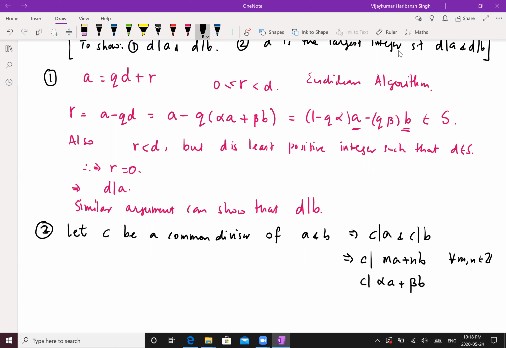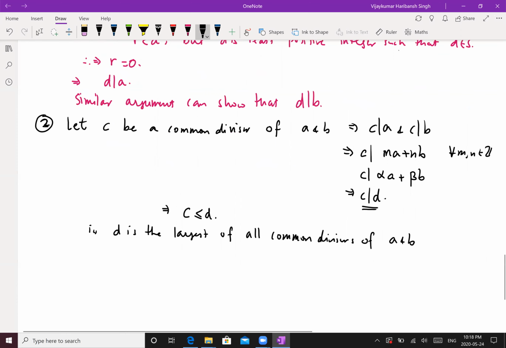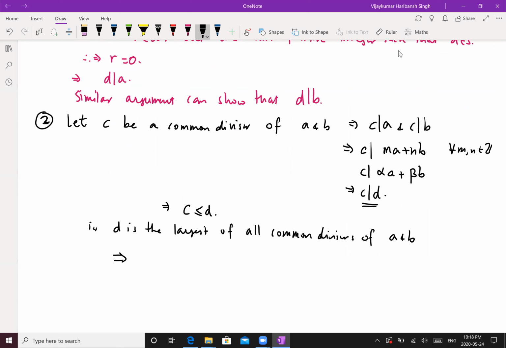This means c divides d. Now, this would mean that c is less than or equal to d. That is, d is the largest of all common divisors of a and b. So this implies d is equal to the greatest common divisor. So d equals GCD of a and b.